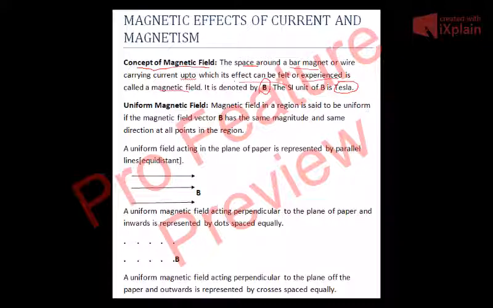The magnetic field, like electric field, can be uniform or non-uniform. So let us first discuss what is a uniform magnetic field. Magnetic field in a region is said to be uniform if the magnetic field vector B, since magnetic field is a vector, has the same magnitude and same direction at all points in the region.